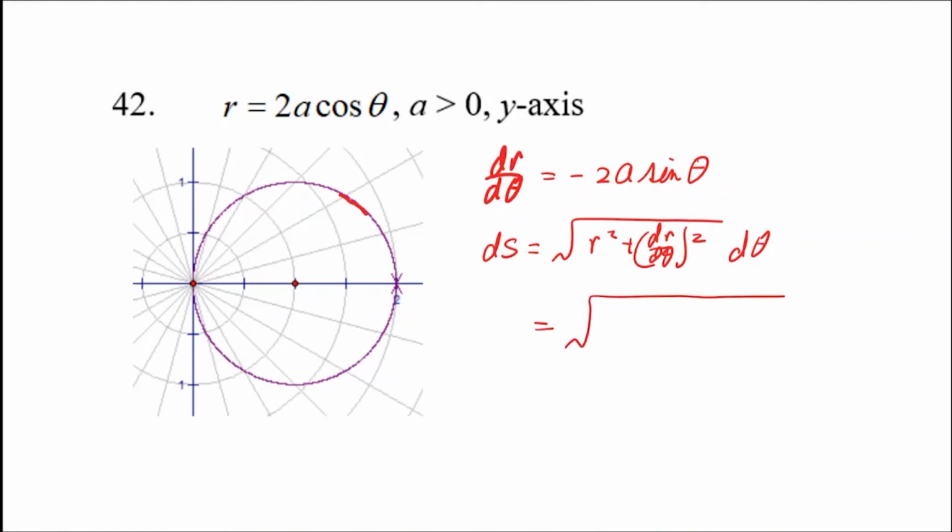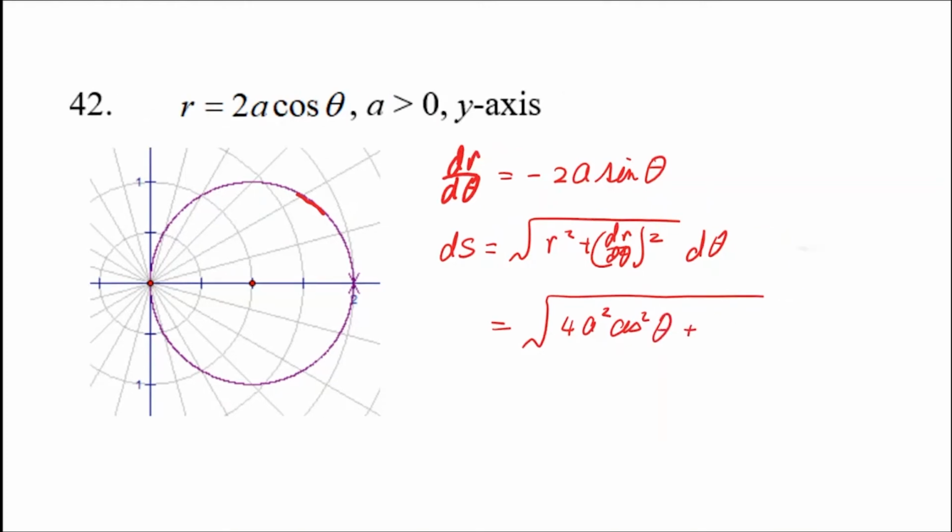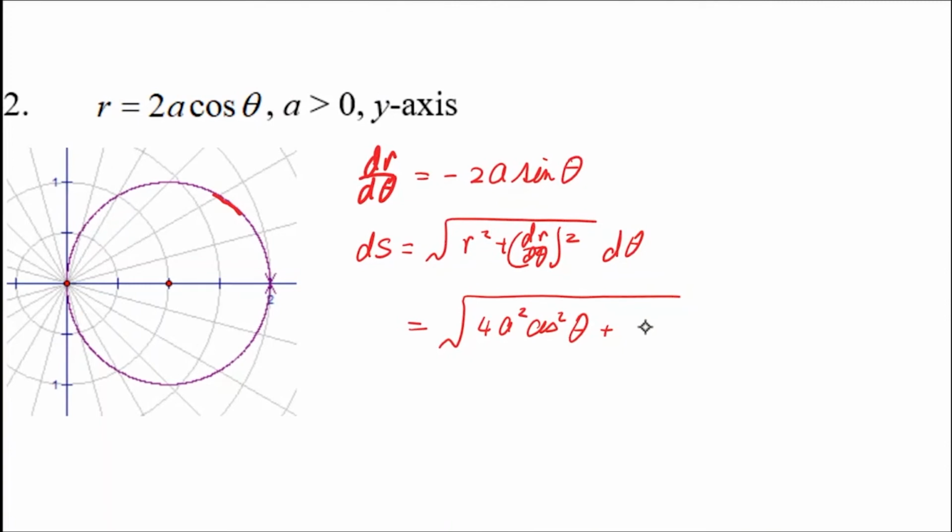So we have square root of 4a squared cosine squared theta plus 4a squared sine squared theta, d theta. You see that? Say yes. That's 2a, and that's one of the nicer looking arc lengths there is, right?